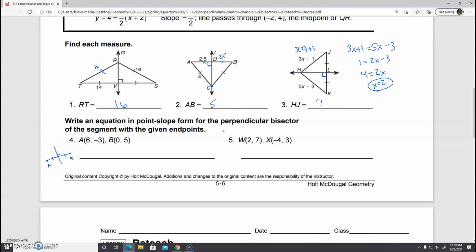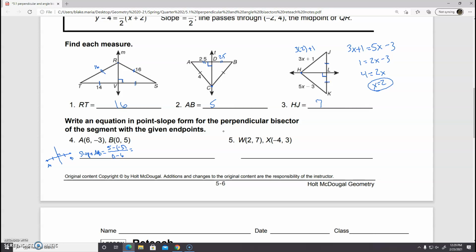The slope should be the inverse reciprocal. So let's find the slope of AB. Remember, it's rise over run, so subtract your y's, 5 minus -3. And keep that same order, 5 minus -3, 0 minus 6.